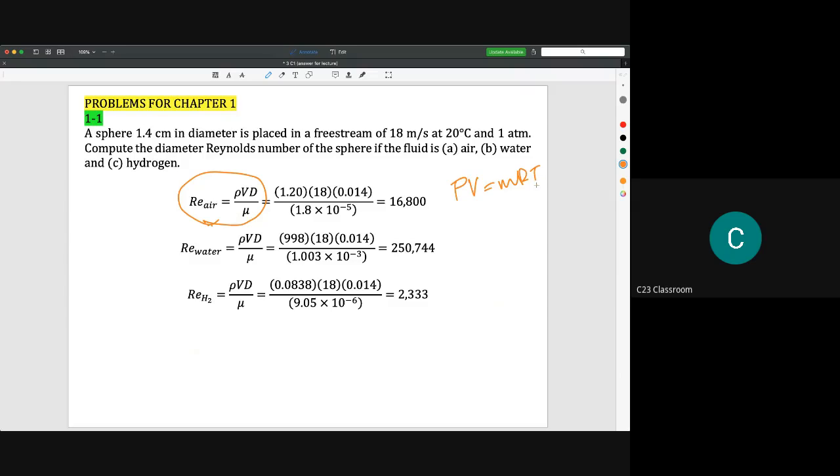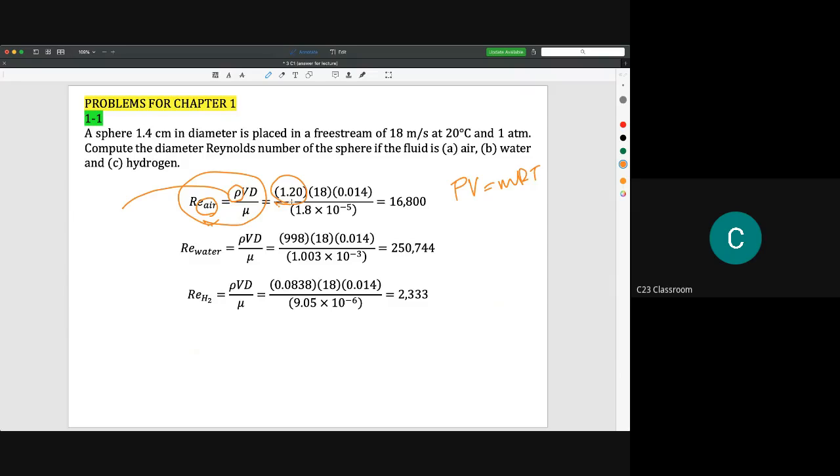So for example, if you want to calculate very specifically, we have air here, and from the textbook, the density of air is 1.2 kilogram per meter cube, for example, at 0 degrees Celsius.